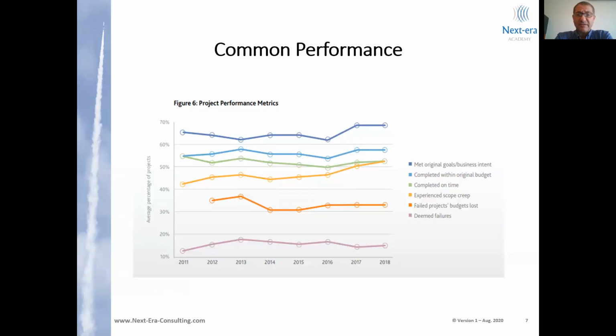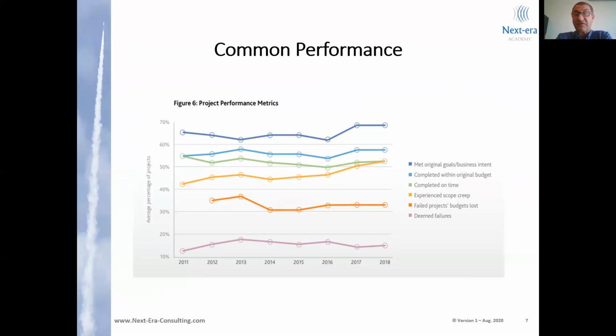At the end of the day, the interesting thing to look at is how are the projects performing. This is a graph as presented by a survey done by the Project Management Institute. And as you can see, 15 to 20% of the projects are deemed to be totally failing.